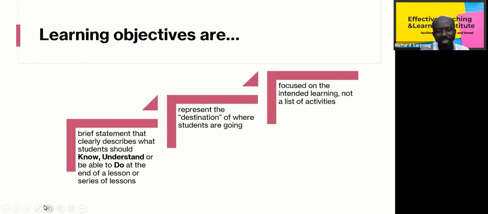That is the KUD, because a lot of the things that students learn in school are facts, which are knowledge, definitions of concepts. They also need to be able to explain things. They need to be able to synthesize. They need to apply knowledge to novel or familiar and unfamiliar situations to solve problems.